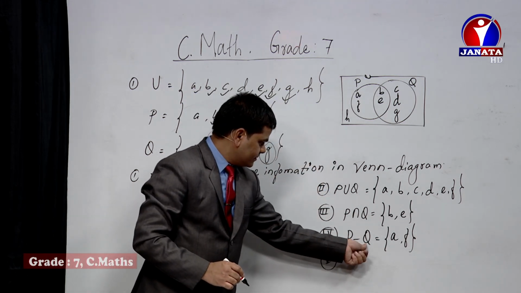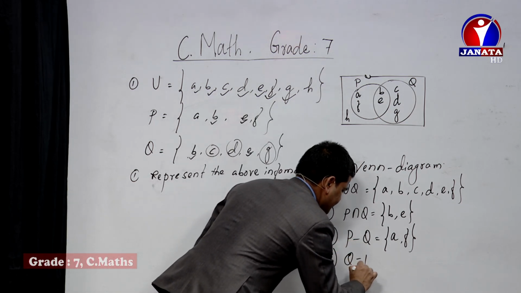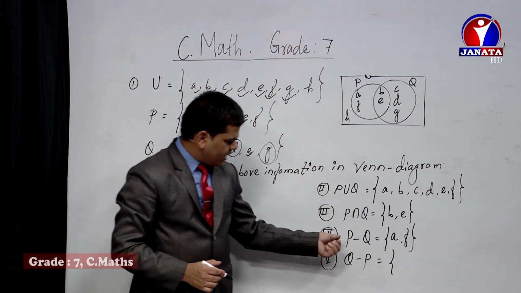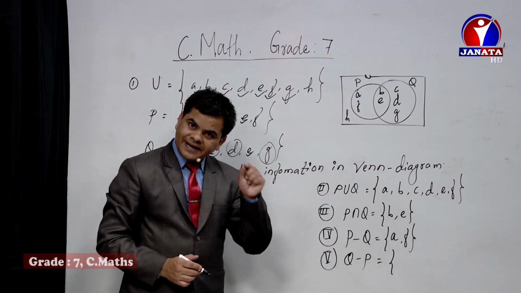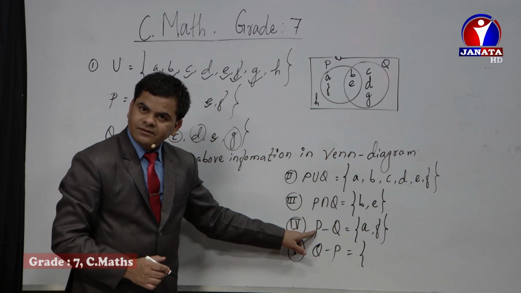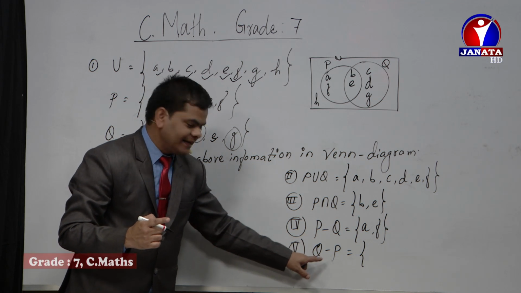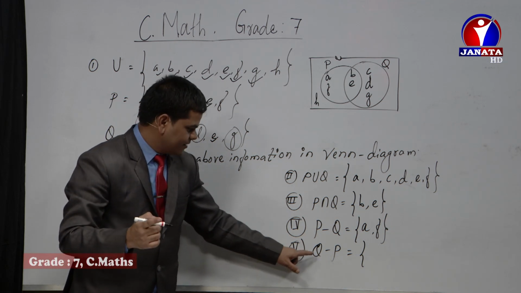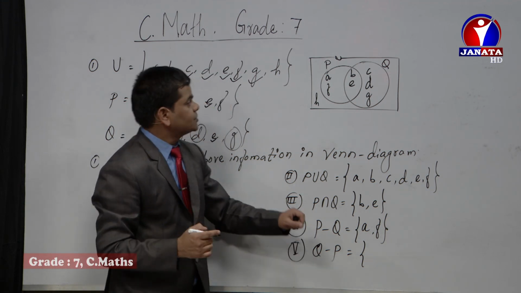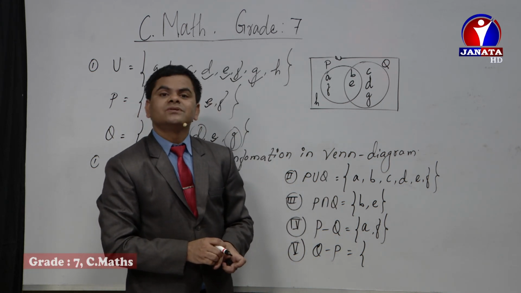Now dear students, number 5, it's exactly the opposite. P difference Q is written here; if you have to find Q difference P, what happens? You have got somehow a clue, a kind of hint. If we say P difference Q, then only the elements of P, and if we say Q difference P, then we need to include the information which belongs to only Q. So Q difference P equals those elements which are included only on the side of the Q circle.